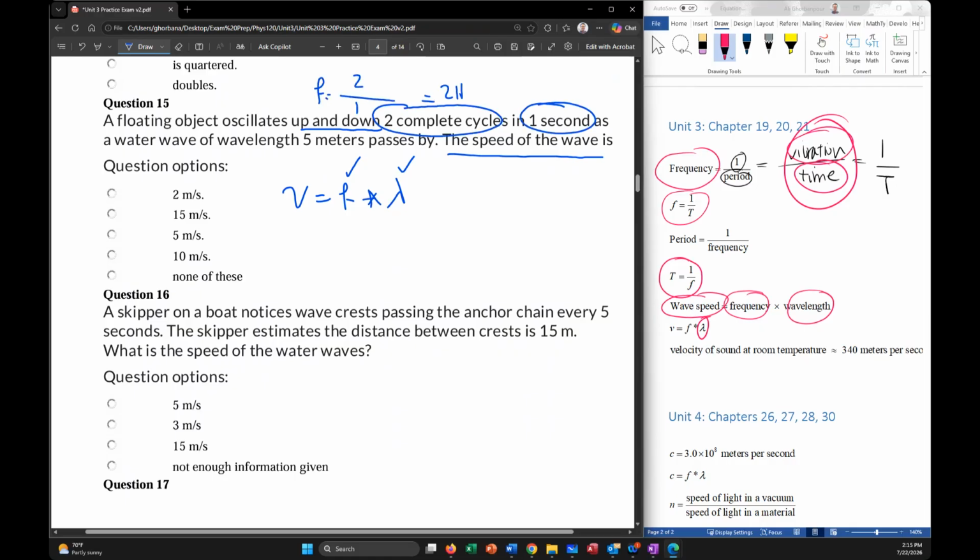So the frequency is 2 hertz. A water wave is how much? Lambda is given again, 5 meters. That's it. I have frequency and lambda. Frequency is 2 times lambda, 5, which is 10 meters per second. The right answer is 10 meters per second.